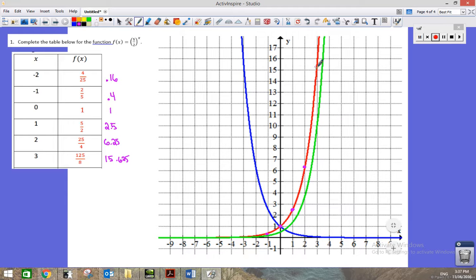And see, even the width of this, it's hard for me to see where it's crossing there. Now, it said 15.6, so maybe it'd even be a little bit higher, but by hand, that's as close as I'm going to get. But I do see that this has a y-intercept at 1.